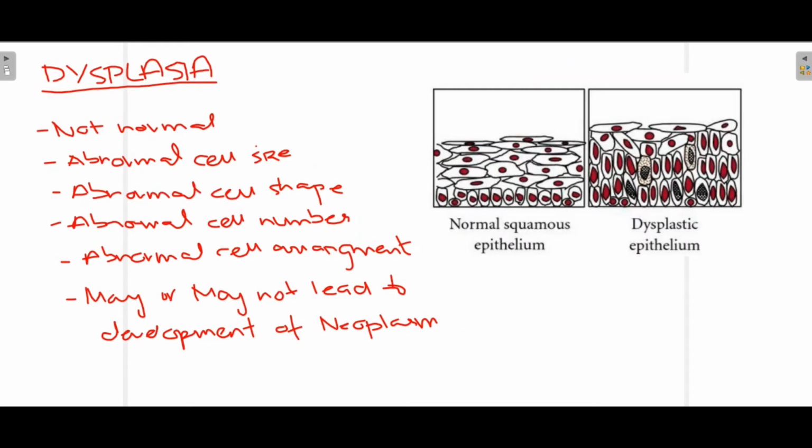Moving on to dysplasia, dysplasia is not normal, it is absolutely pathological. In this case, the cell size is not normal. You can see in this diagram, this picture shows us the normal epithelium, which is normal squamous epithelium, and when you compare it with the picture on your right hand side, you can see that the cell size is not normal.